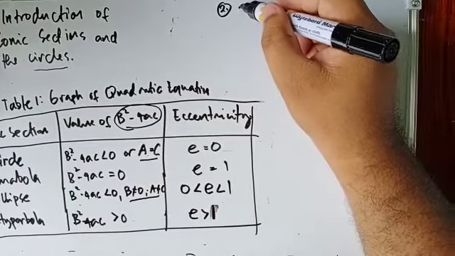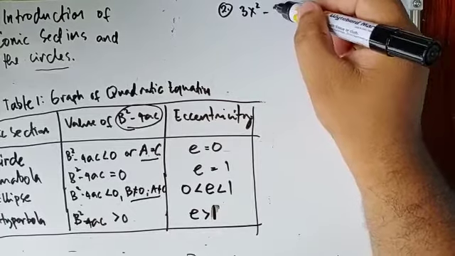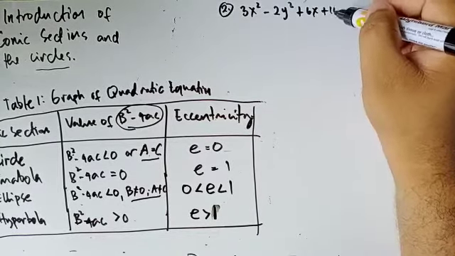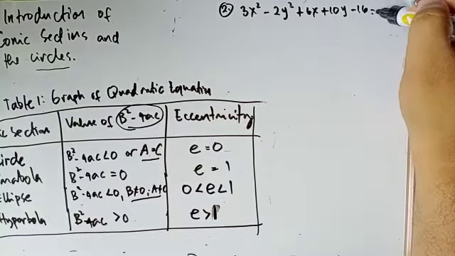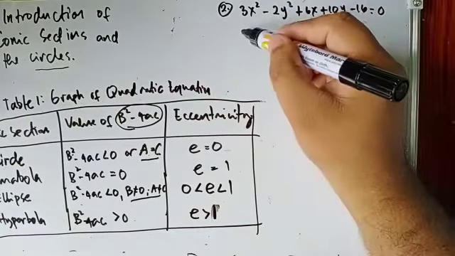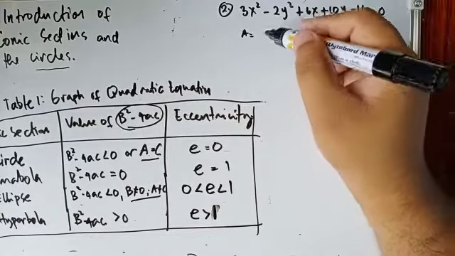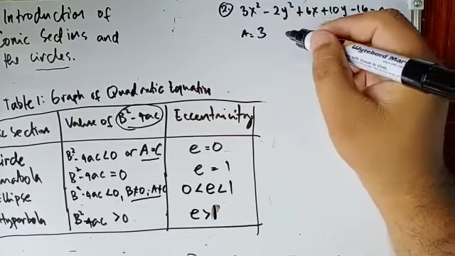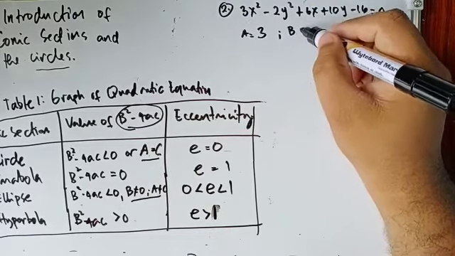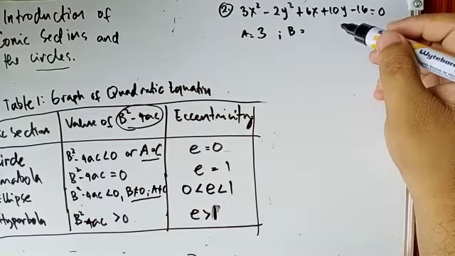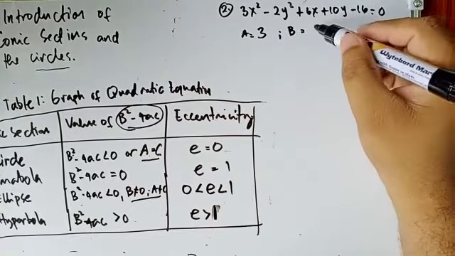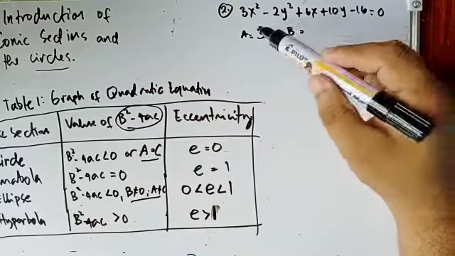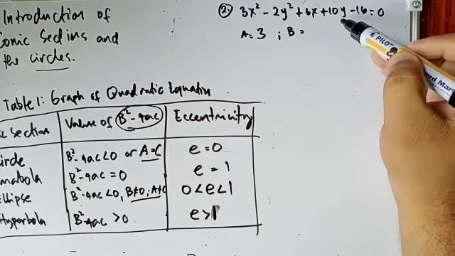What if, let's say for example, meron tayong 3x squared minus 2y squared plus 6x plus 10y minus 16 equals 0. Ulitin natin, sulat po natin dito. Ano yung value na A? Very good, ito. Yung A natin is 3. Now, ano naman yung B? B natin dito must be equal to, ano sa tingin nyo? Is it 3, is it 2, is it 6, or is it 10?